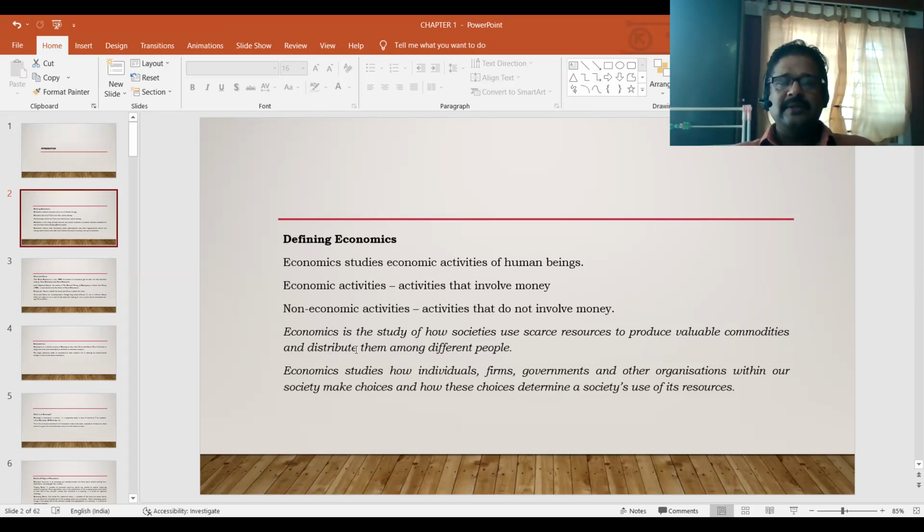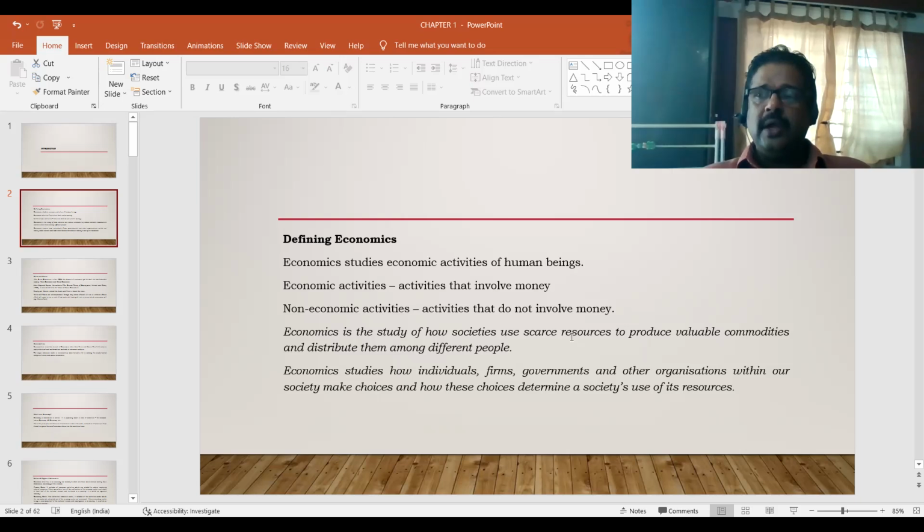So what is economics? It is a study of how societies use scarce resources. We know that the resources are scarce. Resources means anything that helps you in producing another commodity. We can also say that resources can be money.